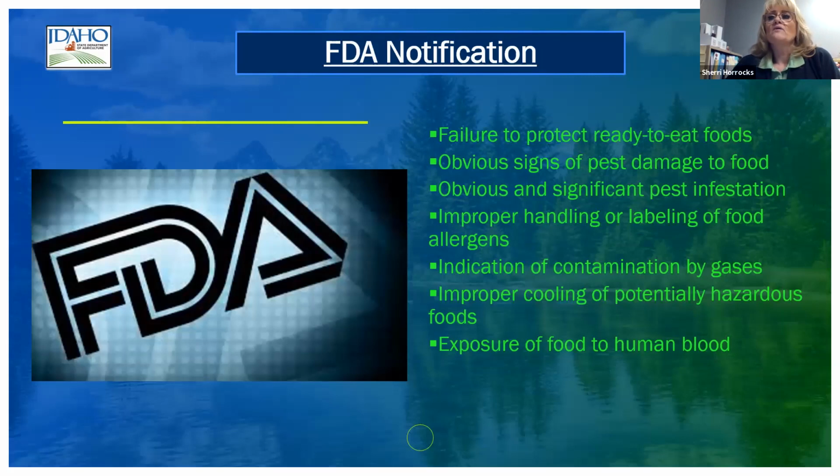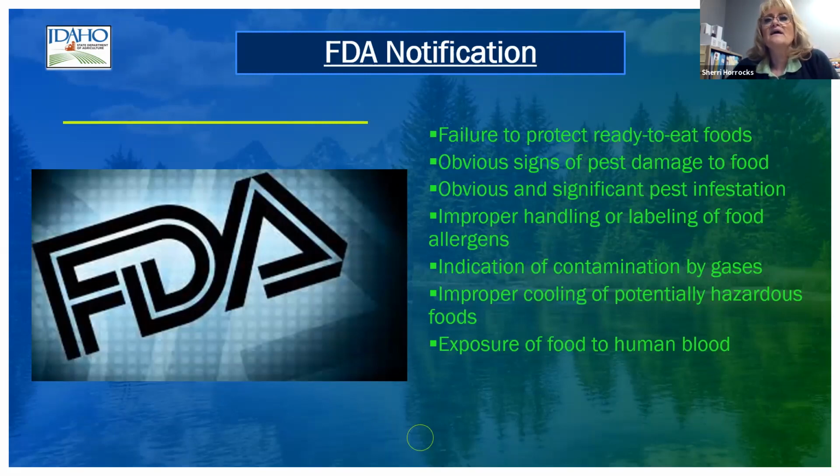As an auditor, we have to inform the applicant and then call our supervisor or representative immediately, FDA, if there is ever an immediate action or something that we see that could be potentially harmful to the consumer. So we notify them if there's failure to protect a ready-to-eat commodity.